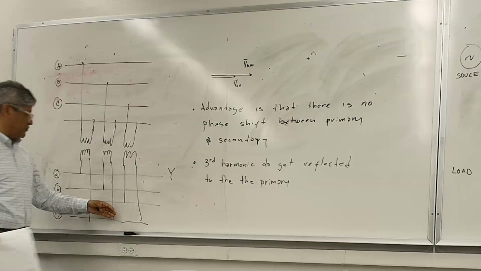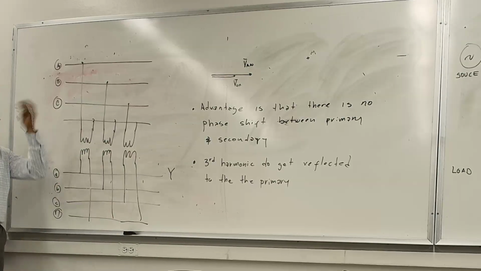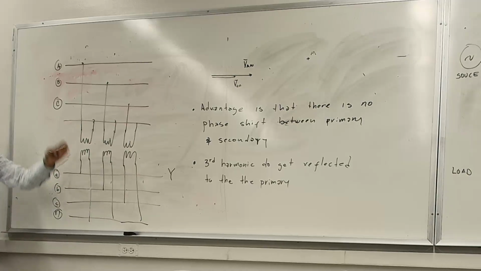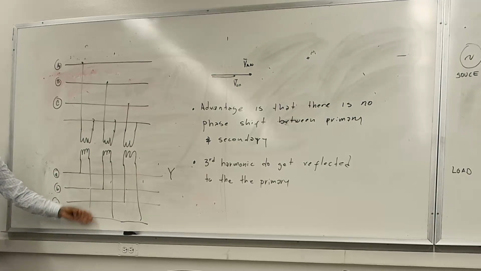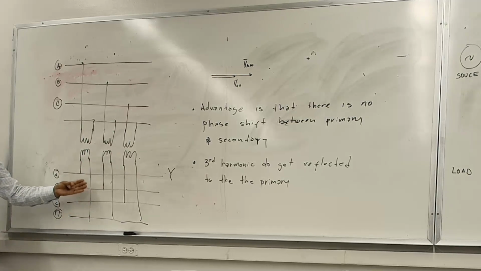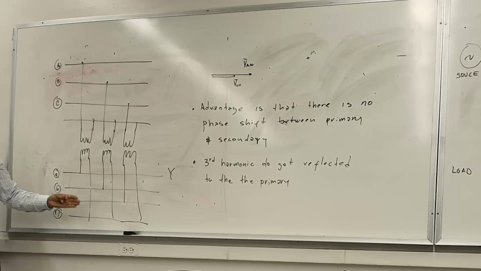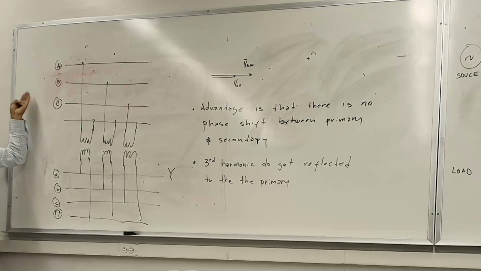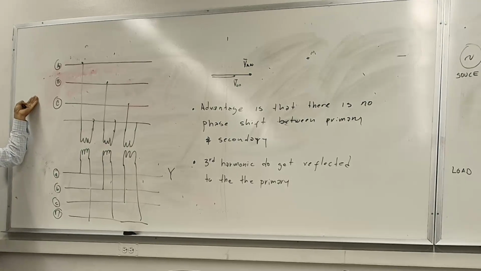Again, you're gonna connect your customers, or you have your loads, on the secondary side, and if you have nonlinear loads that produce odd harmonics, within those odd harmonics you have third harmonics, and they're gonna be reflected to that side. So this source side is going to see those harmonics as well.